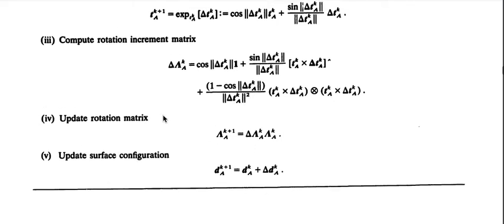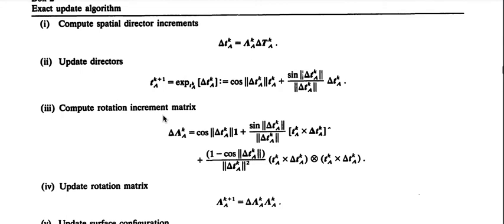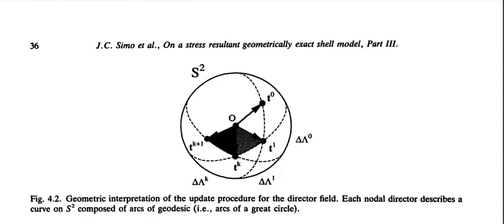Dk plus 1 is equal to dk plus delta d. This is just the update in the displacement vector. So this is how we update the entire algorithm, and there are lots of calculations involved. The exponential map, which relates the SO3 group with the S square manifold, is very useful in this.